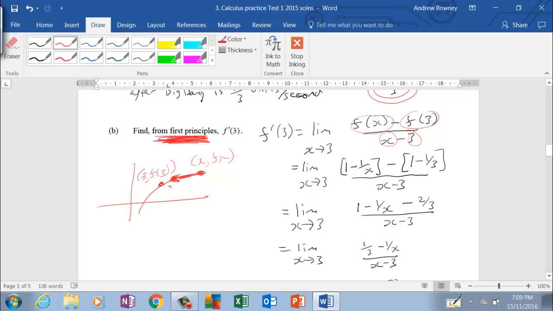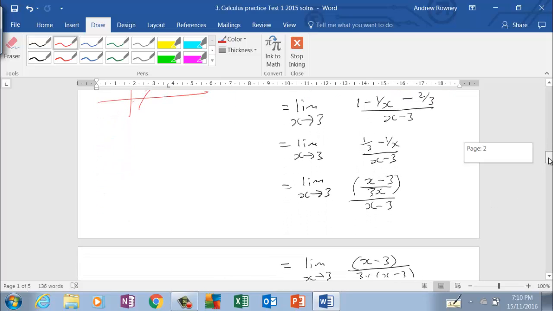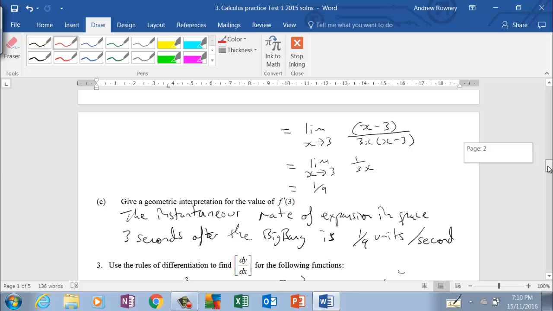And so the average slope starts, then becomes the instantaneous slope at that single point. So there's f of x, there's f of 3, so that's y2 take y1 on x2 take x1. Clean all that up, and you get all the way down to 1 on 9.